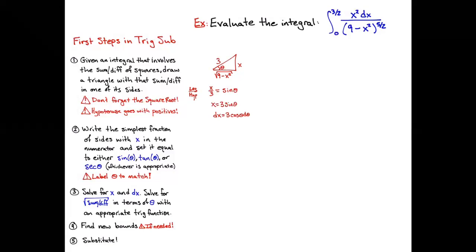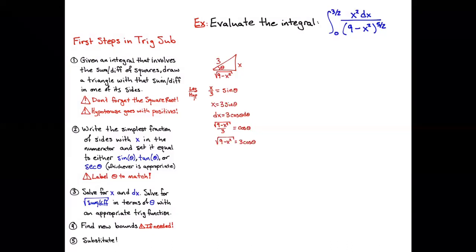And lastly, looking at the triangle, I can see that the square root of 9 minus x squared over 3 equals adjacent leg over hypotenuse, which is cosine theta. And so I can say that the square root of 9 minus x squared equals 3 cosine theta.